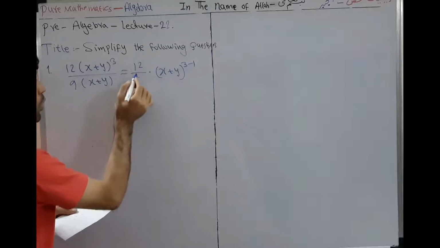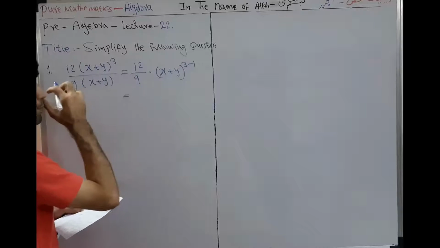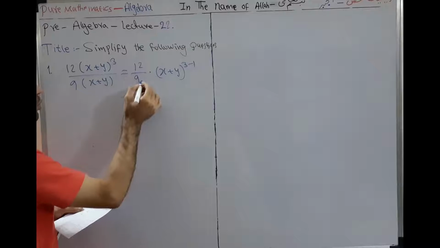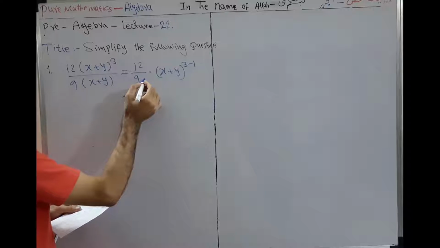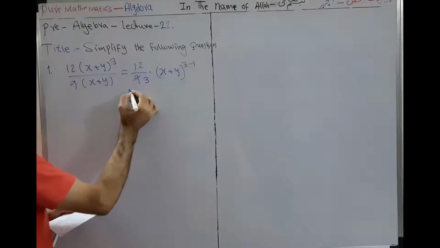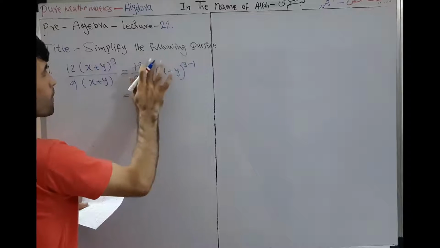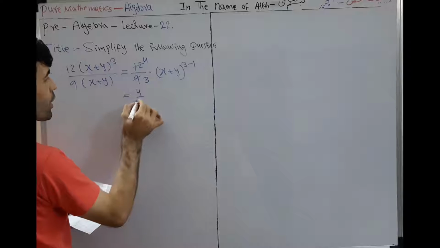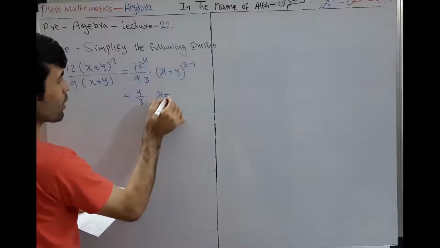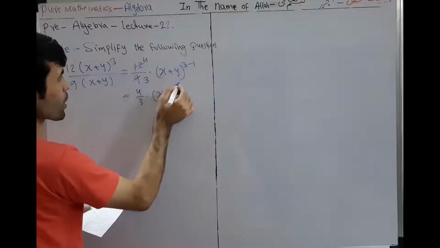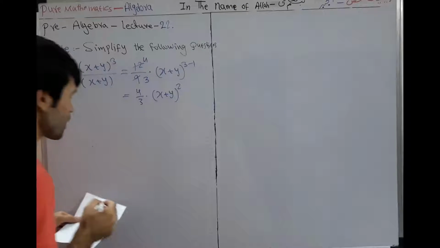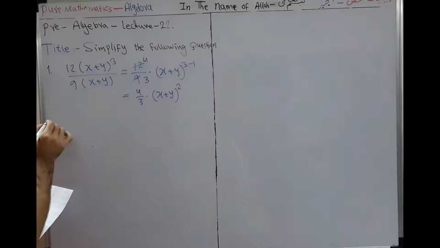If we cancel these two numbers by 3, 9 divided by 3 is 3, and 12 divided by 3 is 4. So it is 4 over 3 multiplied by (x plus y) to the power 3 minus 1, which is 2.